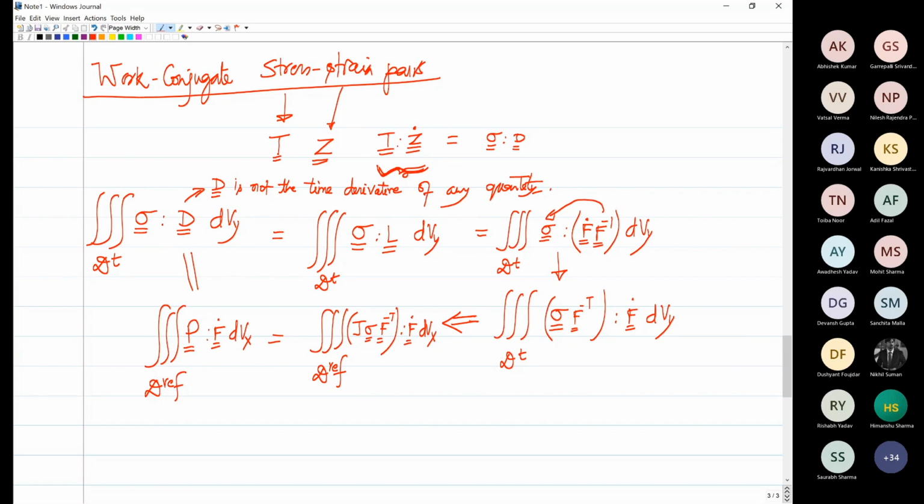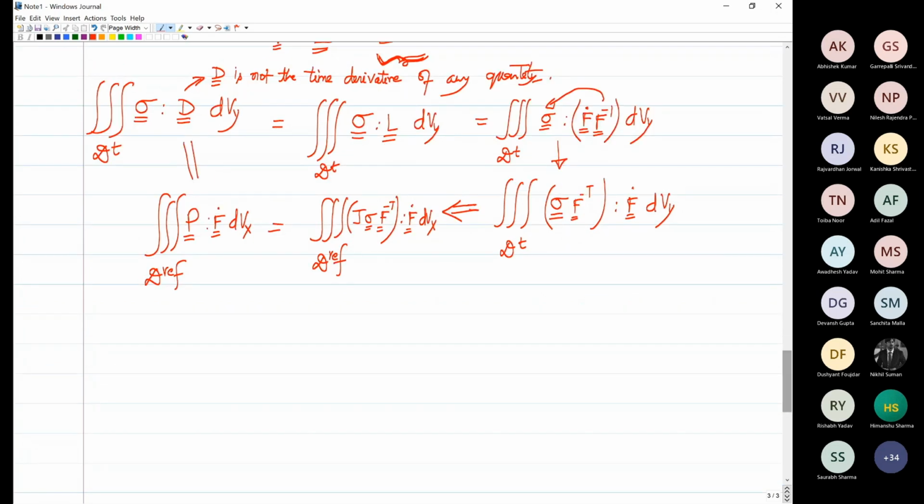So work conjugate of F is P, or work conjugate of P is F. So this allows you to see this, okay?